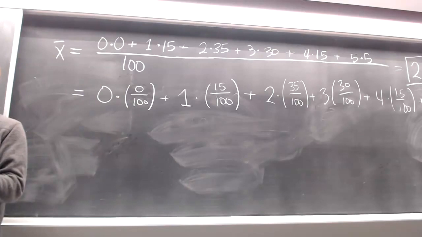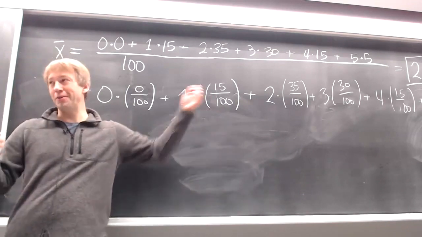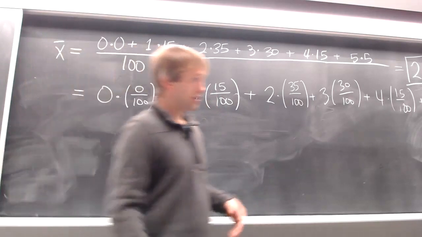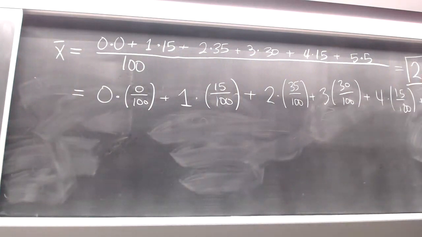What's the probability that that person has one pair of shoes? It's 15 over 100, which is 3 over 20, because 15 people said they have one pair of shoes. And you can see I've got that number right here.